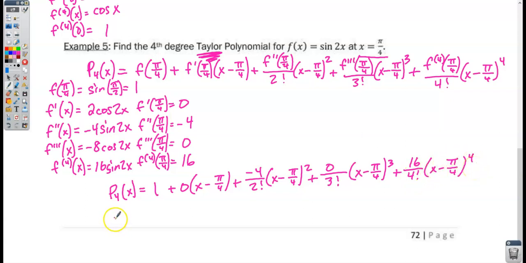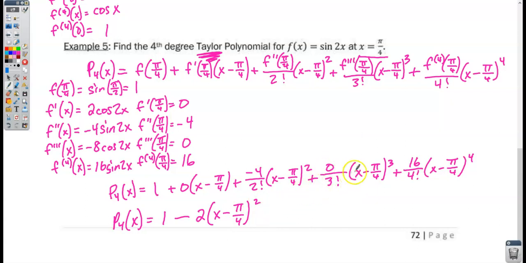And now I'm going to go ahead and clean this up. And there we've got our fourth degree. Oh, that term's going to drop out, the x minus pi over 4 term. And this, when I simplify it, gives me 2. So this is minus 2 times x minus pi over 4 quantity squared.